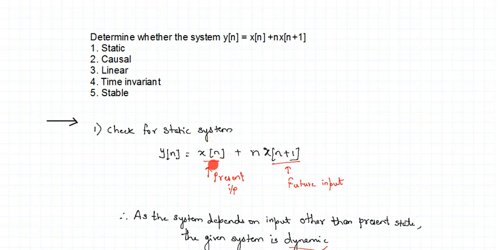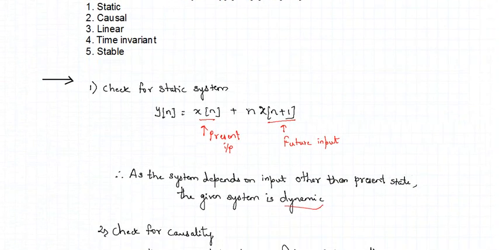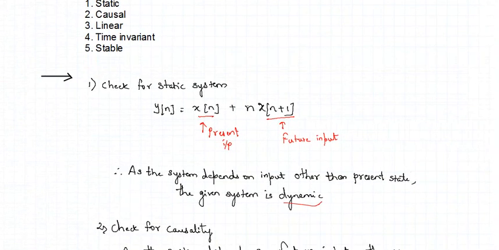Here in the given example, the output of the system is not only a function of the present input, but is also dependent on input at some other time. Here the output is dependent on future input. It is not purely a function of the present input, and therefore we say that the given system is dynamic, as it depends on input other than the present one.